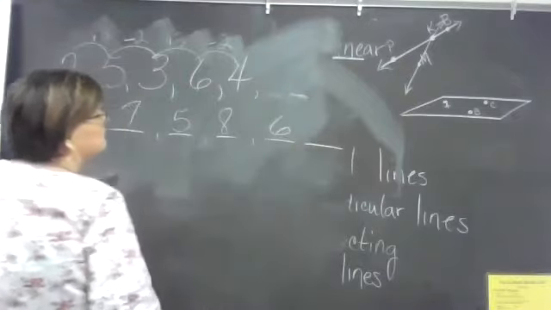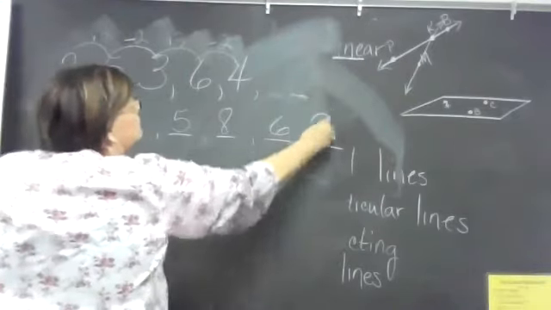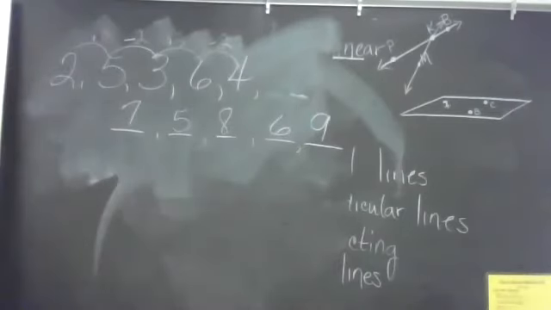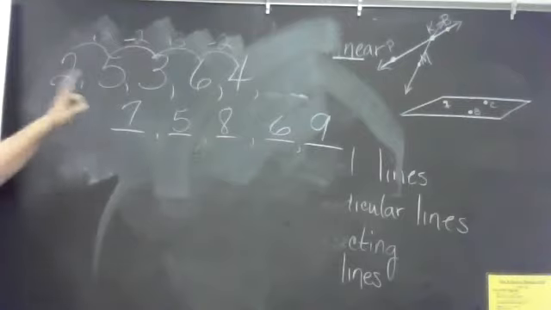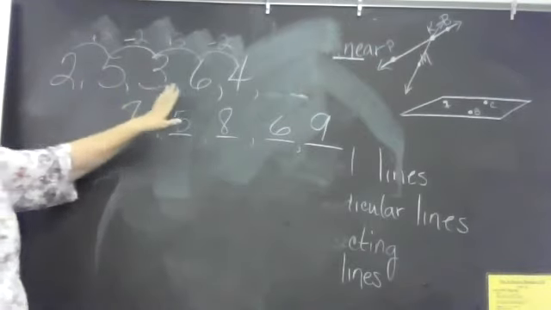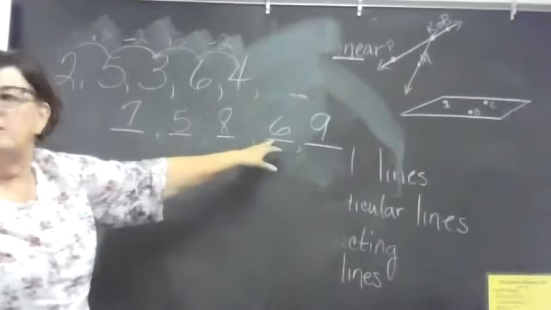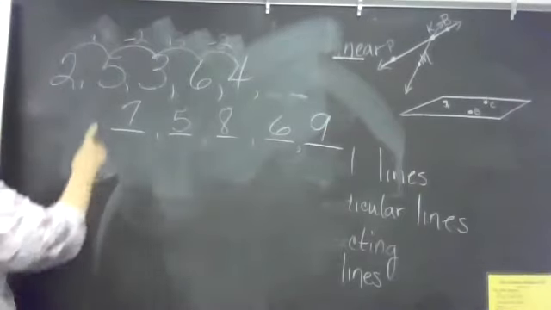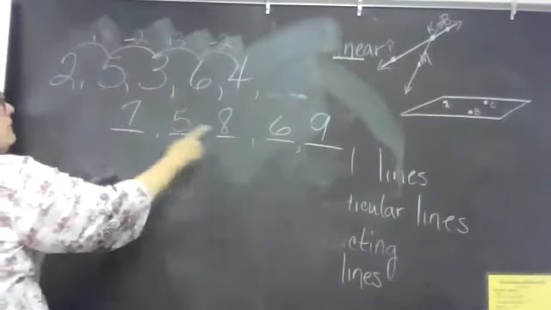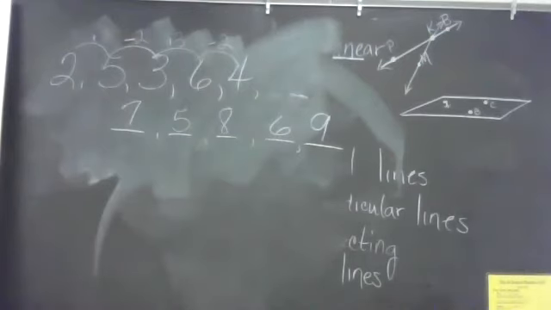Okay. And then 9. Good job. Now, another way I looked at this, I said every other number was 2, 3, 4, 5, 6. And then this was 5, 6, 7, 8, 9. You can look at it that way.